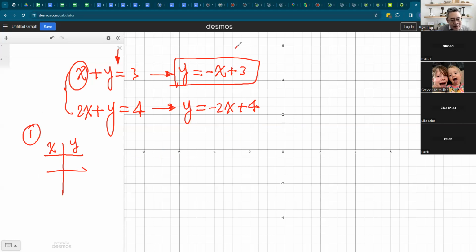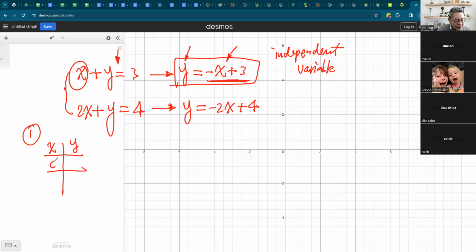We have 2 variables because x and y can take different values, and that's how you get the line out of it. Then x is something called the independent variable. That means we can give any value to x. Once we settle on the value of x, then the y value is fixed based on this relationship.